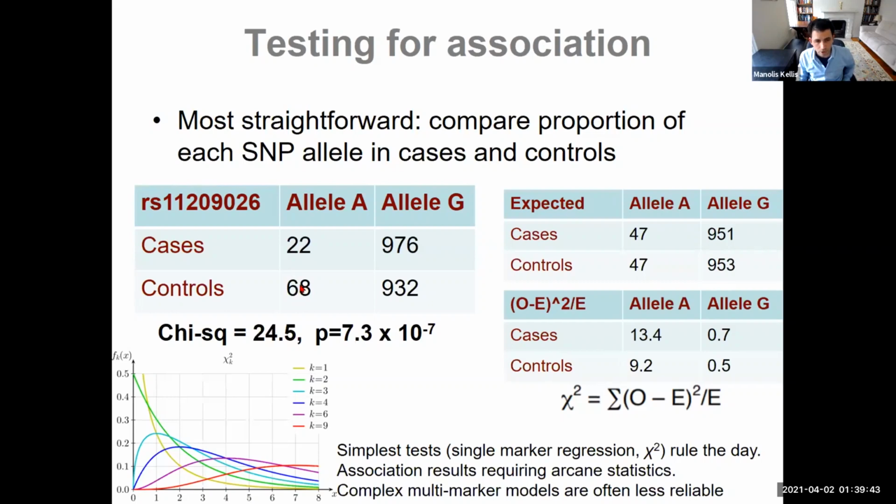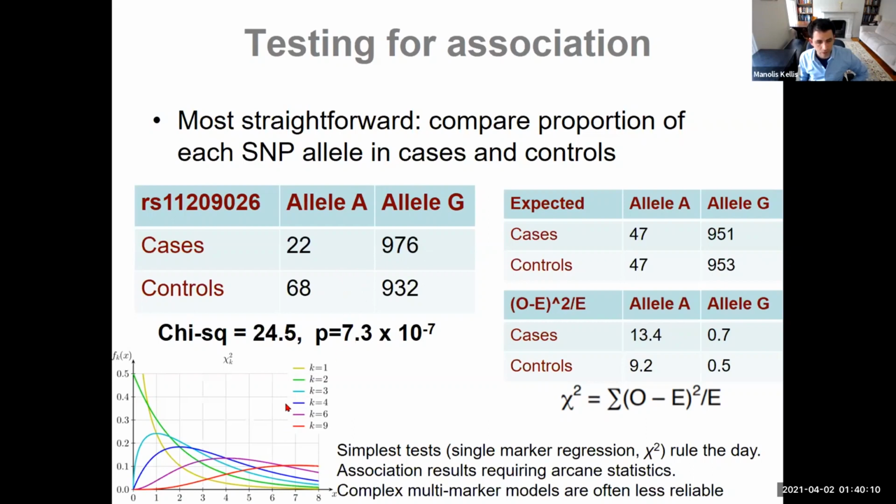Okay, so everybody with me? So I would expect a uniform ratio, if you wish, between cases and controls for both allele A and allele G, but I don't see that. I see that cases have many fewer of allele A, whereas controls have many more of allele A. Okay, how do I measure the statistical significance of that?